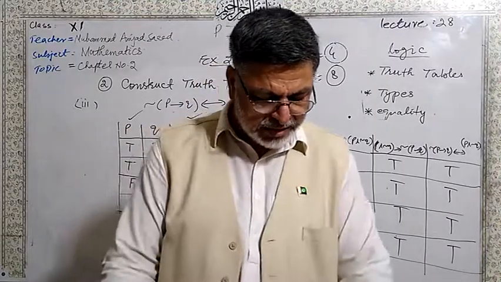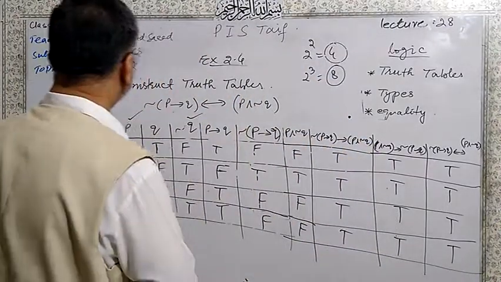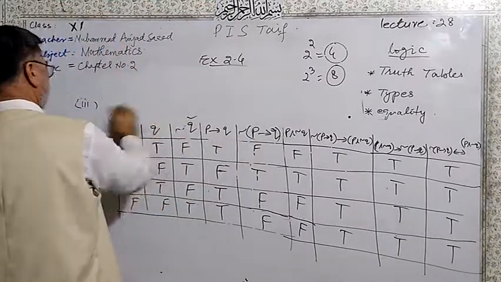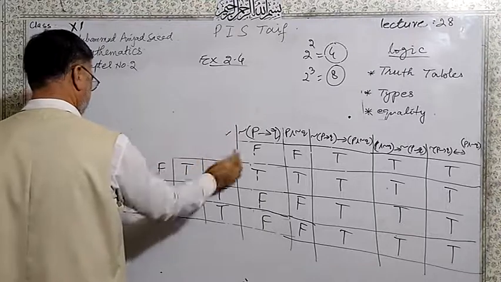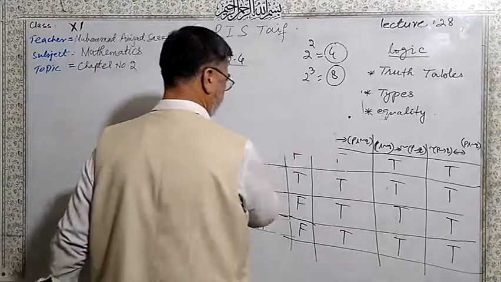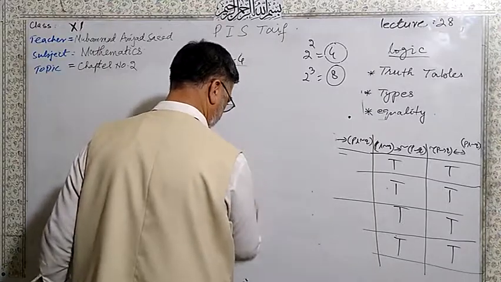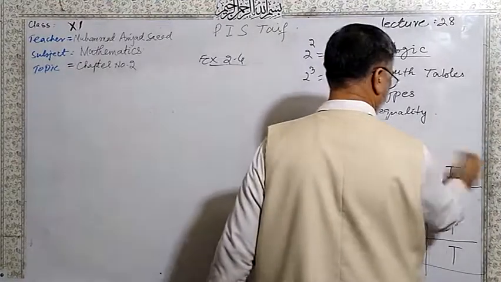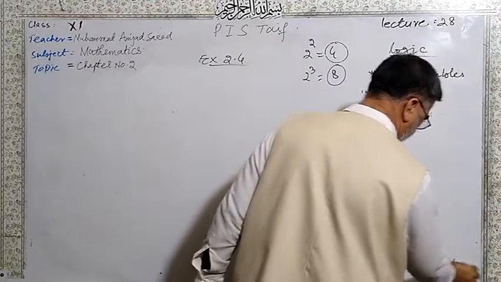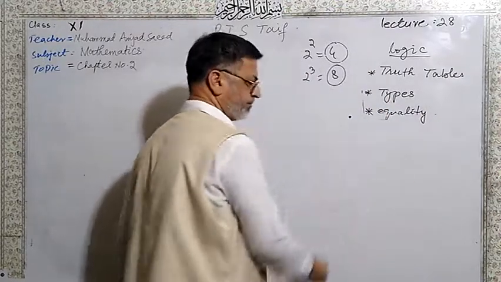After that, question number 3: show that each of the statements is a tautology. In case of tautology, I told you the last column is all true.